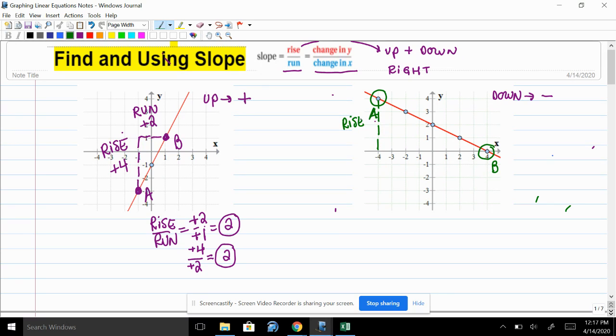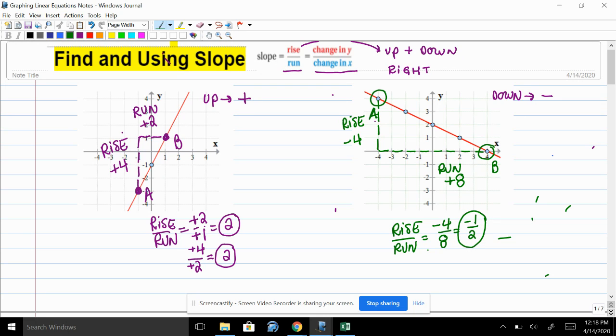So since I'm going down, my rise is actually -4. And I'm going to run 1, 2, 3, 4, 5, 6, 7, and 8. I ran to the right, which is positive, so that's a +8. So my rise over my run for this one is -4 over +8, which is going to reduce and make -1 over +2.